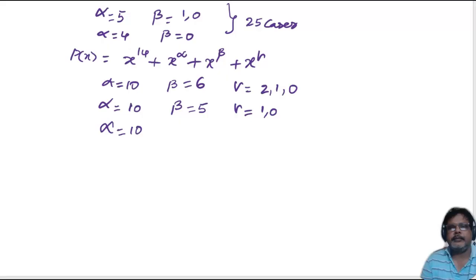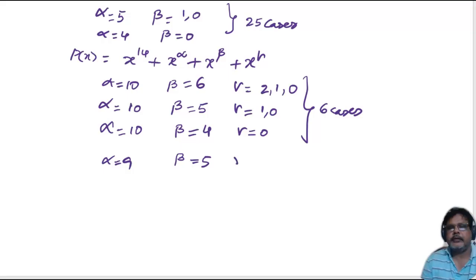Alpha value 10, beta value 4, gamma value will be 0. So in total you'll get 6 cases here. Here alpha value is 9, beta value will be 5, gamma value will be 1, 0. Beta value is 4, so gamma value will be 0. Here you'll get 3 cases.